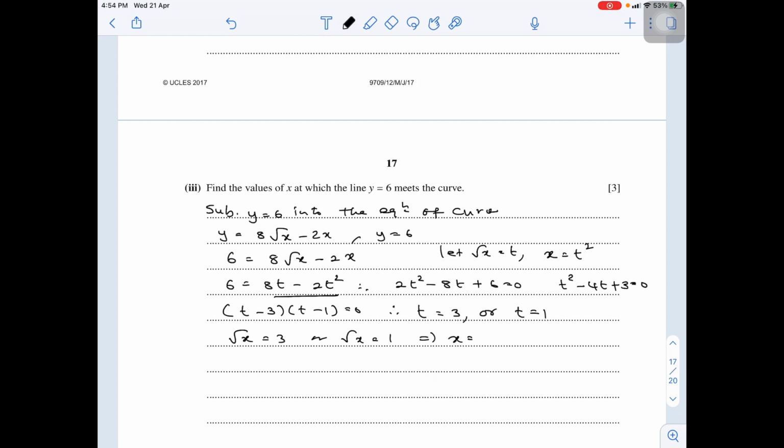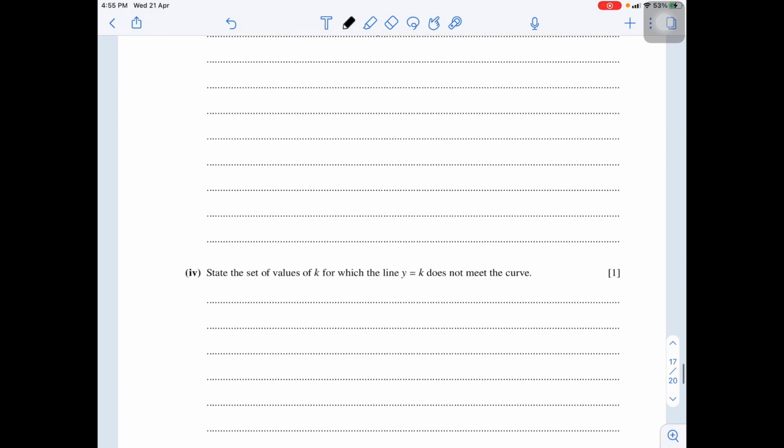But t was square root of x. So square root of x is 3 or square root of x is 1, which means x is 3 squared or x is 1 squared. Squaring both sides, x is 9 or x is 1. Both values of x satisfy the original equation. Therefore, x is 1 or x is 9.